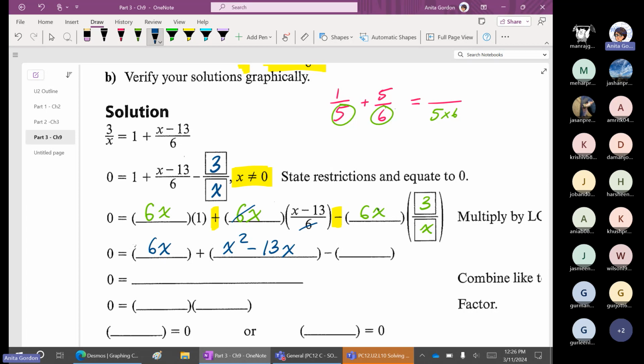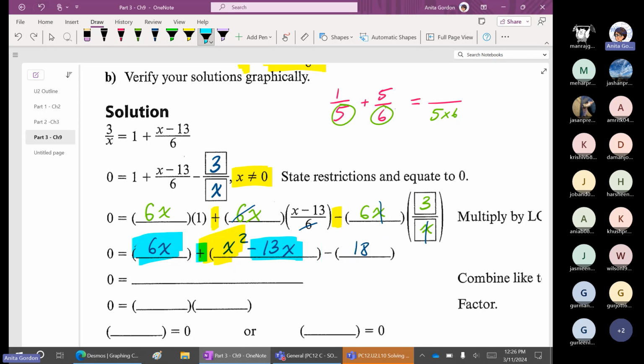In our last term, the x's cancel, but the 6 remains, so 6 times 3 is 18. Now I focus on collecting like terms. I want to write this from highest degree to low. I see a positive x squared, it's the only one. Positive 6x, I have a plus sign here, so this remains a negative 13x. And lastly, I have a minus 18 here.